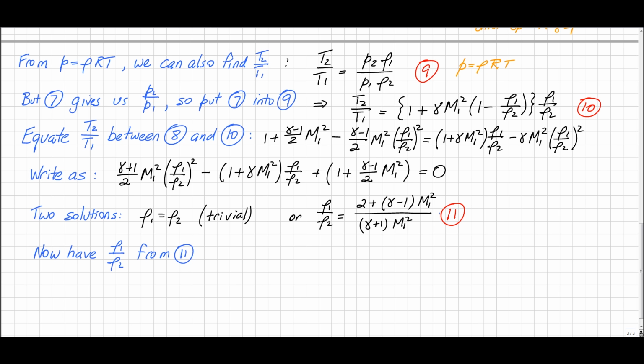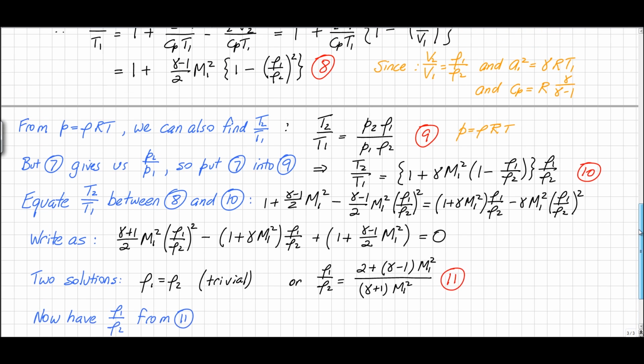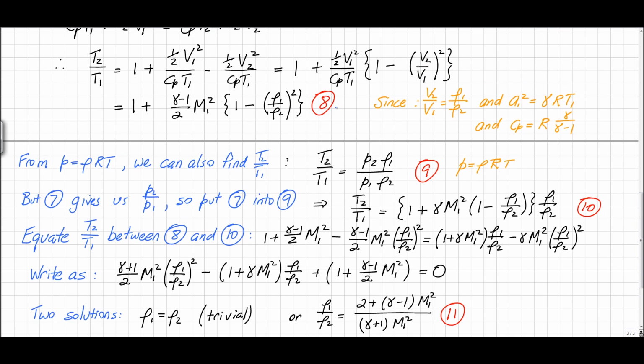So we now have an expression for rho 1 over rho 2 from equation 11. If I just slide the screen up, equation 8 was an expression for T2 over T1, and that came out in terms of gamma, M1 squared and rho 1 over rho 2.